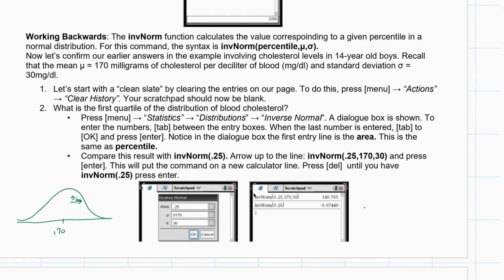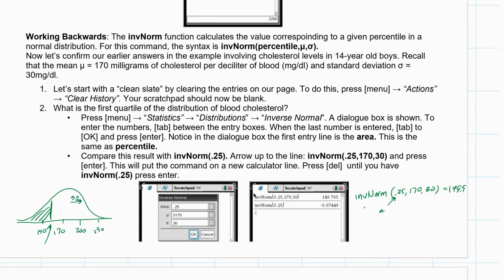the distribution. It's 30, so this is 200 and 230 and 140. And we wanted about 25%, about here. And then when you put in inverse normal, 0.25, 170, 30 is equal to what? 140.99, I think.